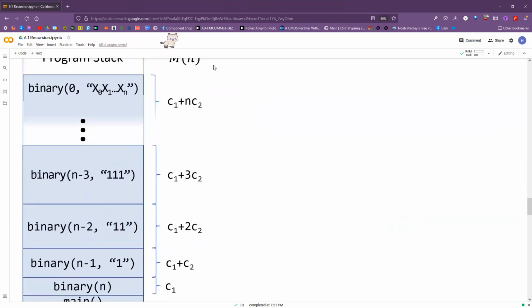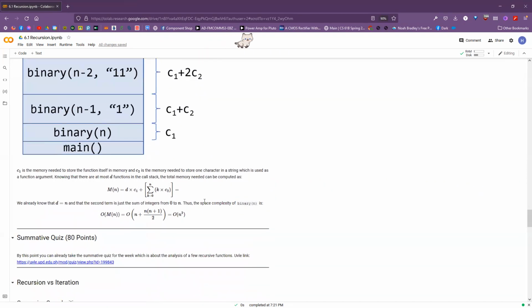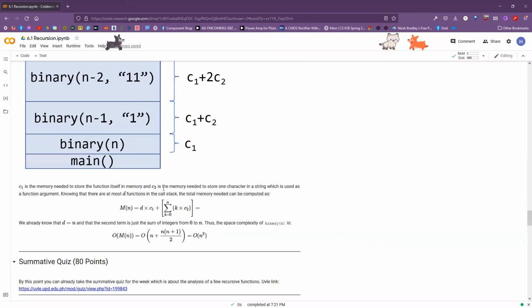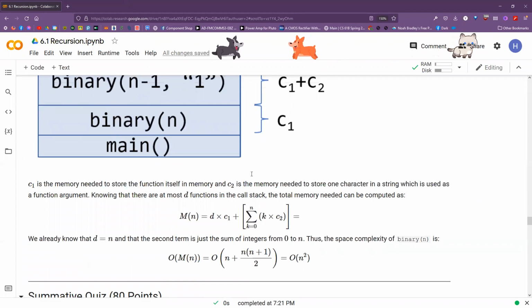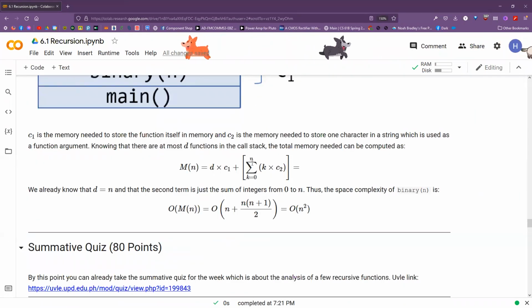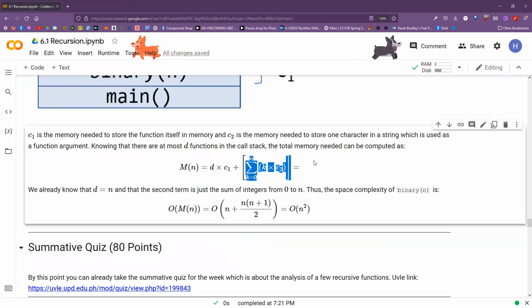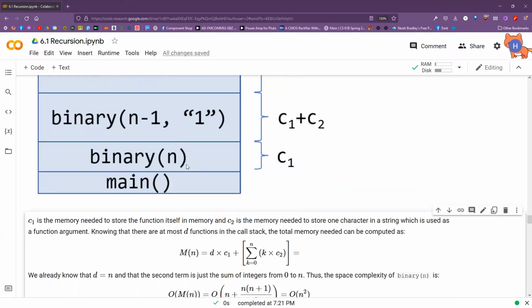So, kailangan natin i-add lahat na ito. So, pag in-add natin sila, well, I guess pwede mo rin muna sabihin na per level, nag-add tayo ng KC2 na memory dun sa ating program stack. So, ayun, similar dun sa ating recursion tree na analysis, kukunin na natin yung summation per level, which is K times C2 plus yung C1 dito sa pinaka.